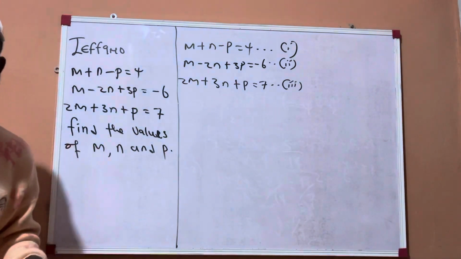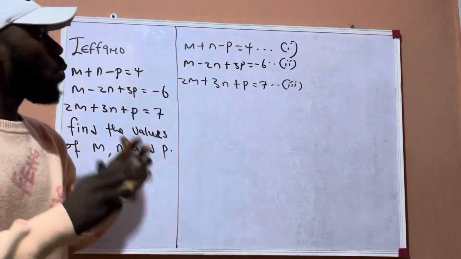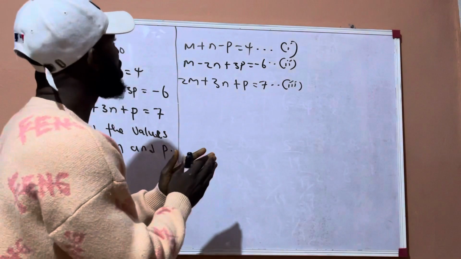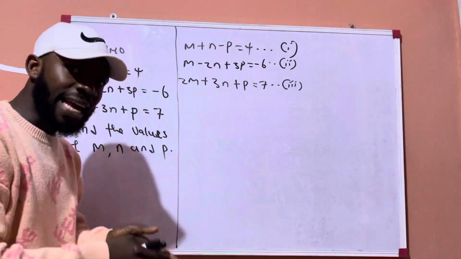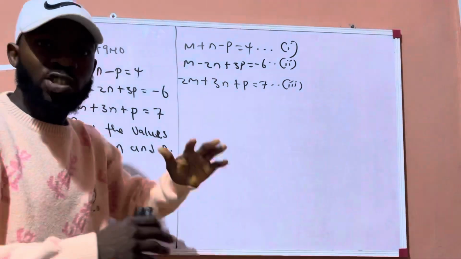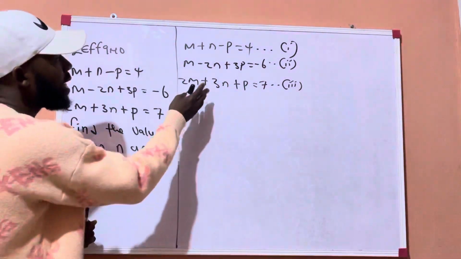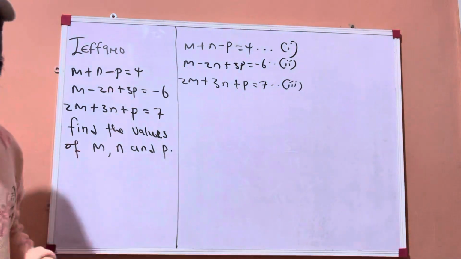Now what are the steps I said you go? First, we solve with equation 1 and equation 3. Now what I want to do here is eliminate P in this equation. Now, like I said from the beginning, you have a choice. You can choose to eliminate M, you can choose to eliminate N. This is what you desire. Now, in this case, I will be eliminating variable P. And how do I go about it?